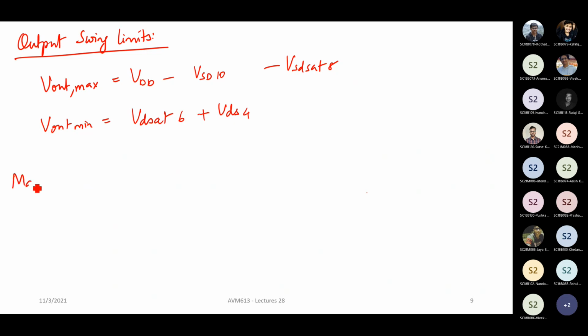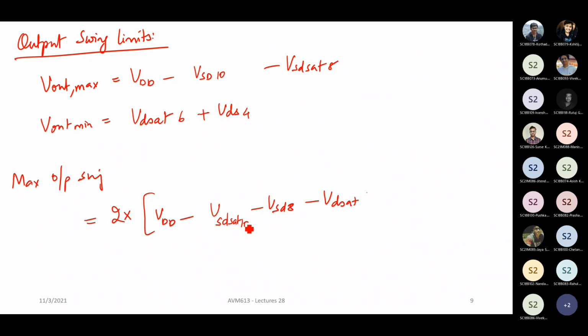The maximum output swing can be taken as 2 times VDD minus VSD sat of 10, VSD sat of 8, VD sat of 6, VD sat of 4.